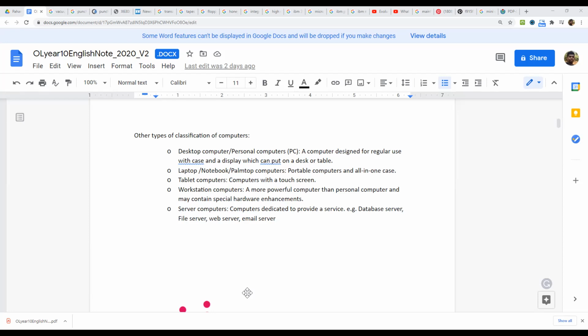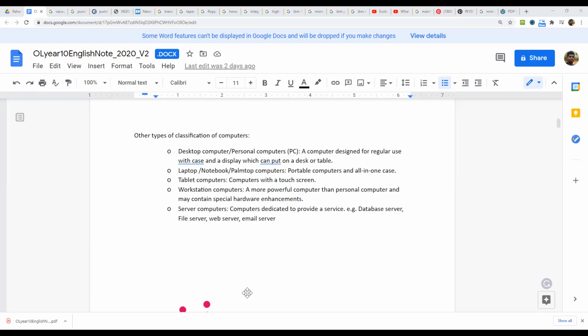And then we have more powerful computers. If a computer is more capable when compared to a normal machine, we call it a workstation. Usually you will need special hardware enhancements for workstation computers. The last one is called server computers. For example, when you connect to the internet, we connect to special computers, web servers, to access web pages.